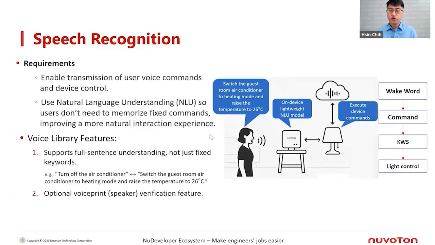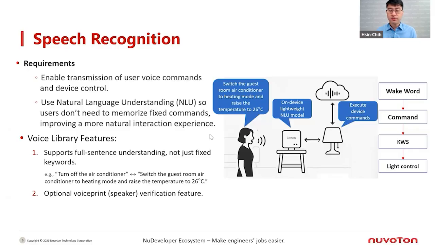For example, users don't need to memorize commands like "AC on." They can just say, "Switch the air conditioner to heating mode and raise the temperature to 26 degrees." This single sentence includes intent, location, mode, and value.